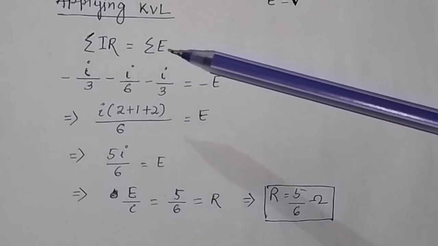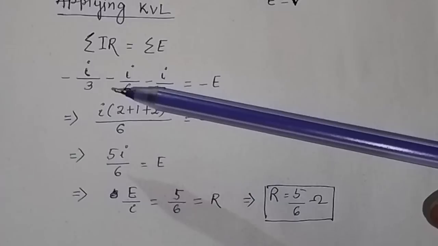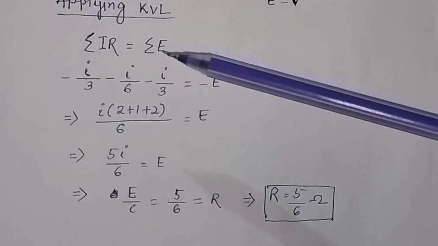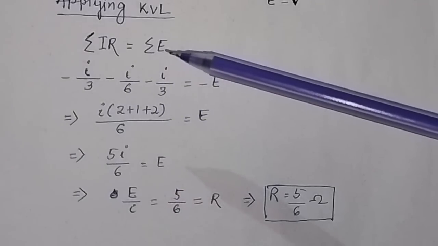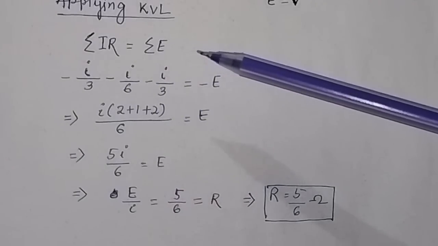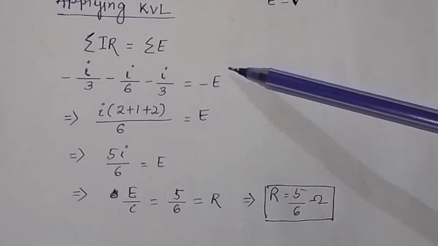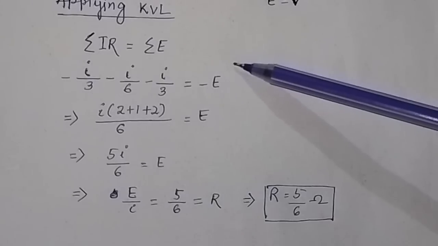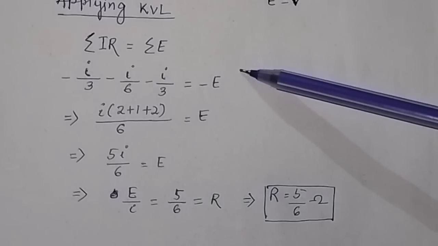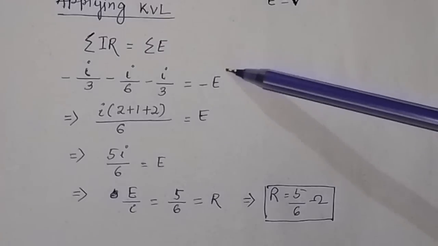In this circuit you have 3 IR drops and 1 potential drop or EMF drop, and for IR drops we consider the loop direction, but for the battery EMF the loop is not considered.